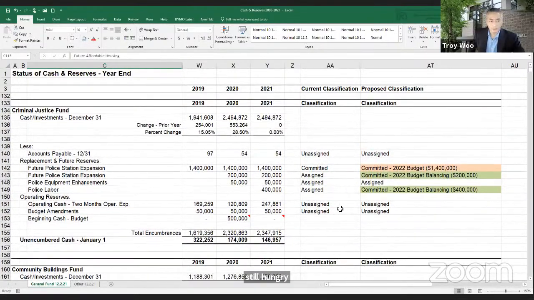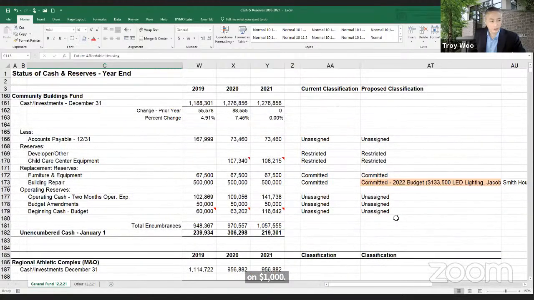Moving on to a different fund. So this is the Criminal Justice Fund. This is the countywide sales tax for criminal justice. Really, the only changes here are related to the police station expansion. So we have another $2 million being budgeted in 2022 to continue that project. There's a little bit here in terms of police labor, $400,000. So not a lot of change within this fund.